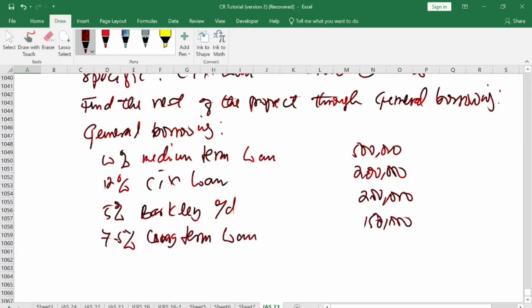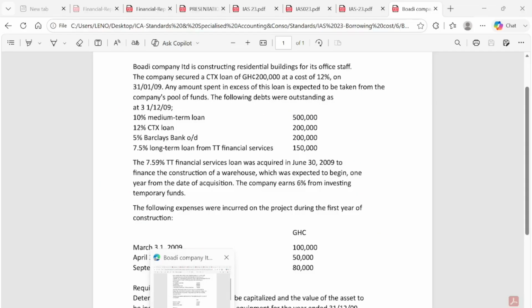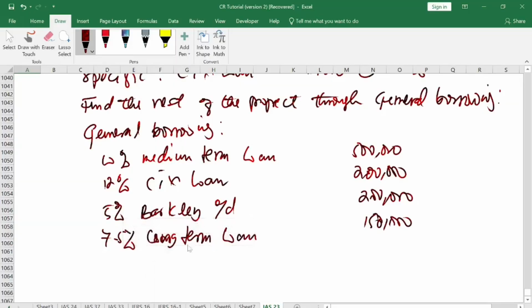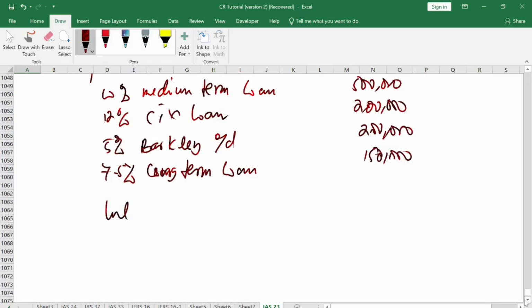So this is the nature of the question, and they also said that they can invest at 6% of temporary funds. Now, the project expenditure.